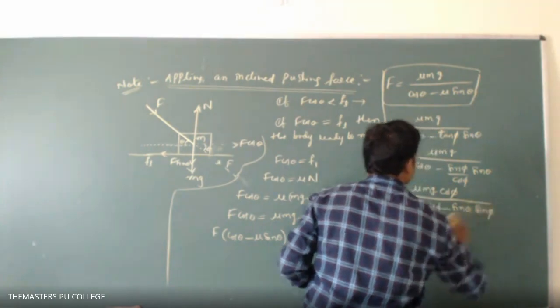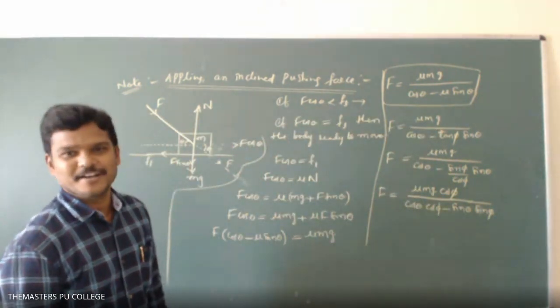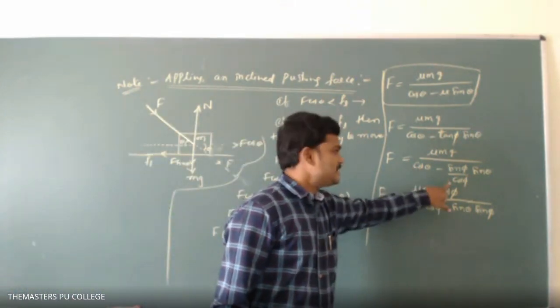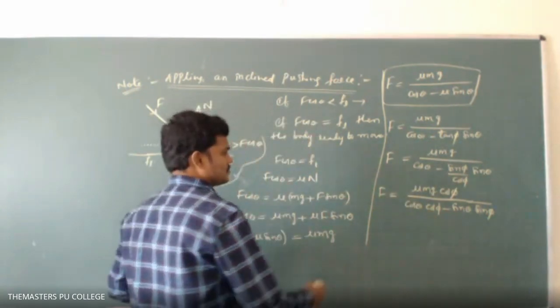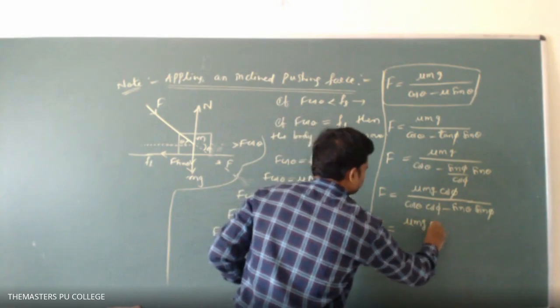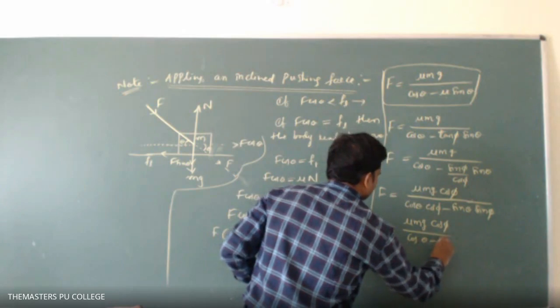LCM I am doing, okay. Is this equation correct? Take this cos phi to the numerator. Tell me the equation now. F is equal to mu mg cos phi divided by cos theta cos phi minus sin theta sin phi.